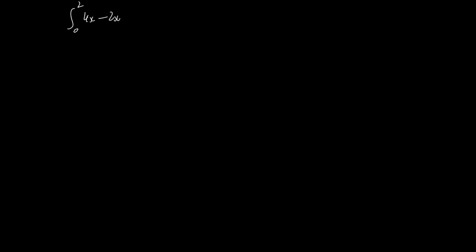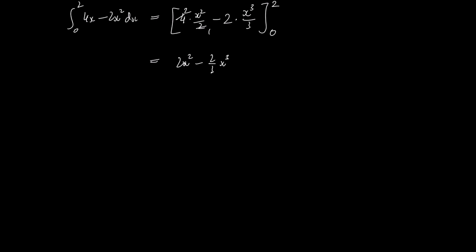And now we will do our integration. So we end up with 4 times x squared over 2 minus 2 times x to the power of 3 over 3. And now we can start substituting in. Substitute in the 2. Substitute in the 0, just ends up with 0.